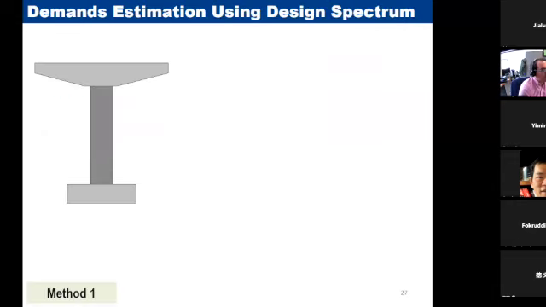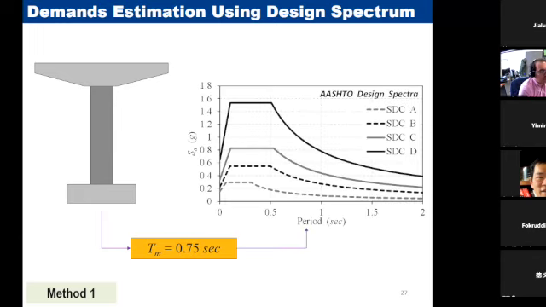On method number one, there is a bridge column from the National Bridge Inventory, or the state DOT inventory. You know the lengths, the widths, the mass of the bridge. So you should be able to estimate the natural period of that column or that bent. Then you go to AASHTO, and you will find your design spectrum specific to the site that the bridge is on and was affected.